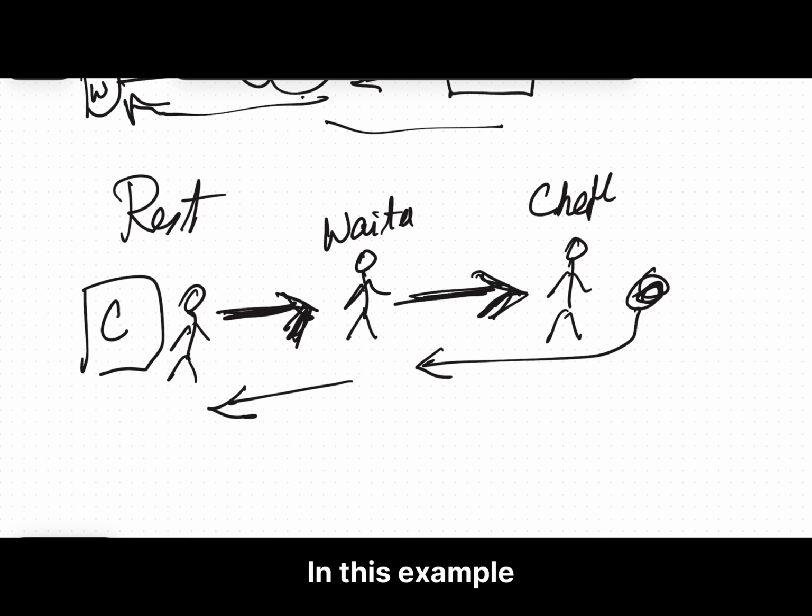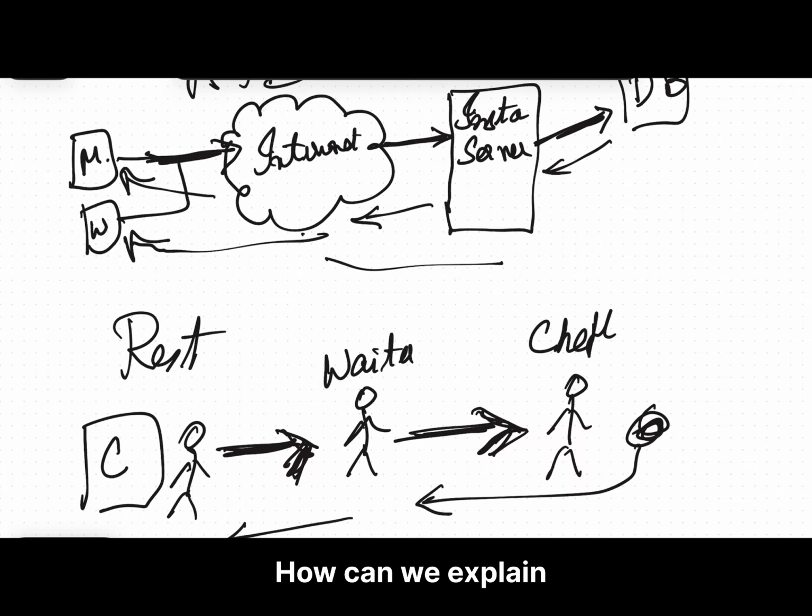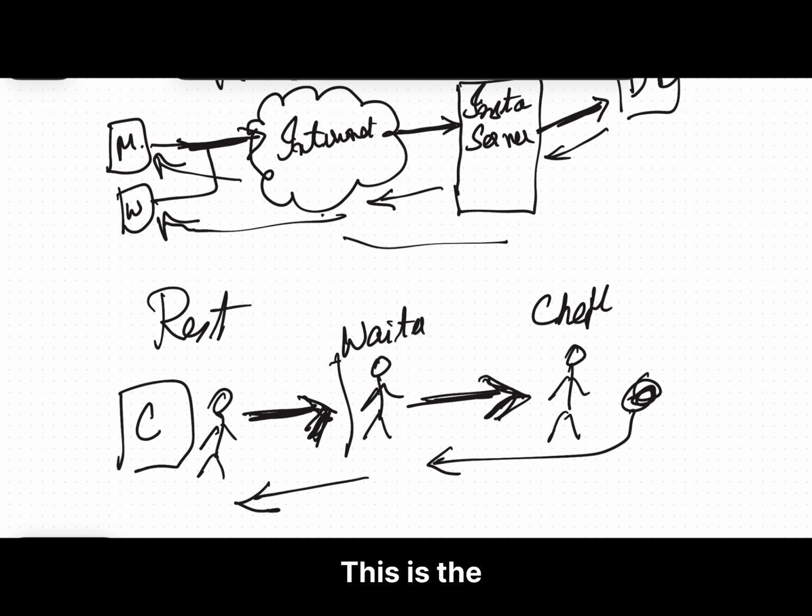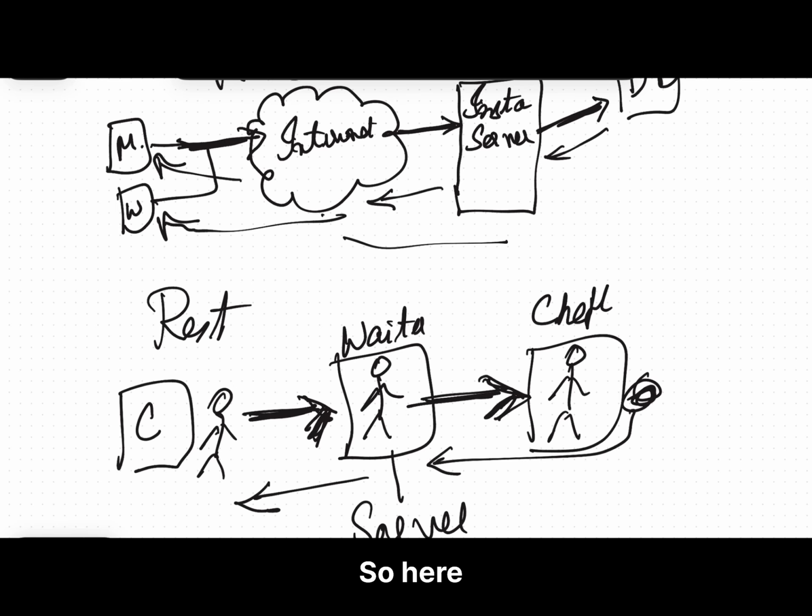So in this example, how can we explain the above diagram? This is the server and this is the DB. Server and DB can be the same here.